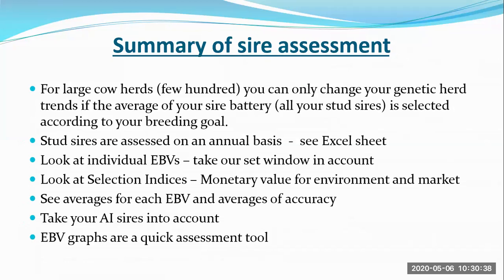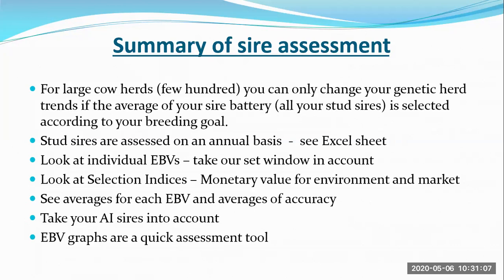The one I will show you now has got a lot of information in, and you probably can't see it clearly, but I wanted to show you the actual Excel sheet, but we can't do that now. We look at the individual EBVs for each stud sire, set for a certain window, selection indices, very important environment in a certain market.